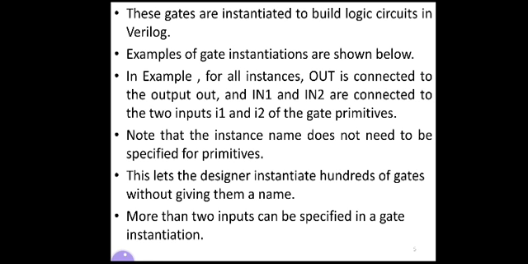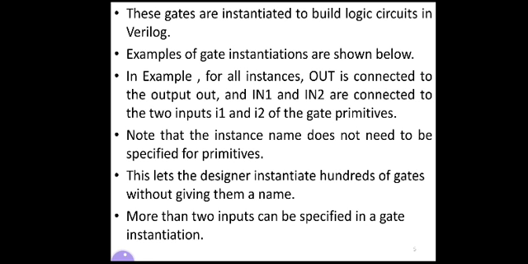It is not compulsory that the instance name be present, but for simplicity, and to understand better which gate you are instantiating, it is better to mention the instance name for every instantiation.